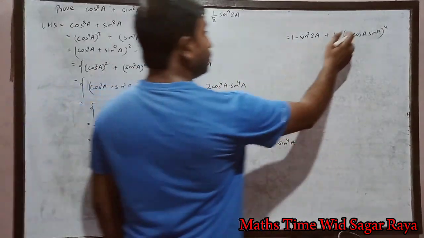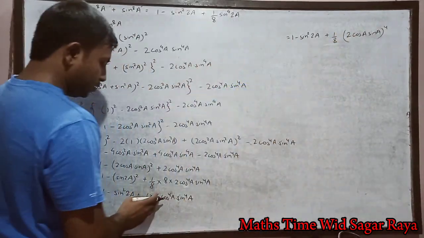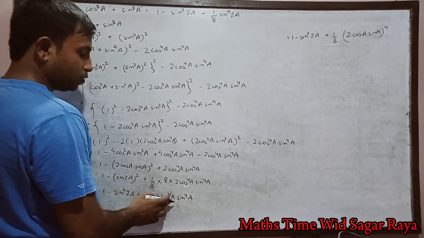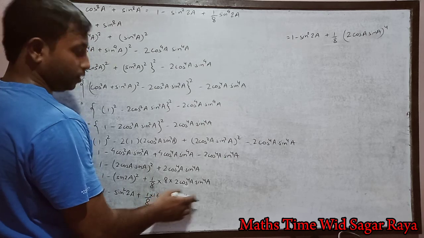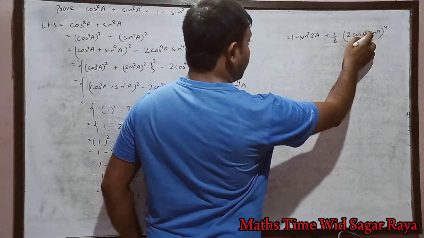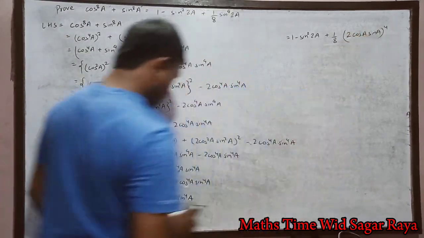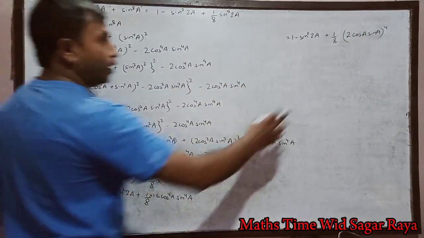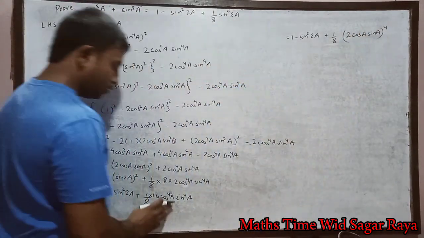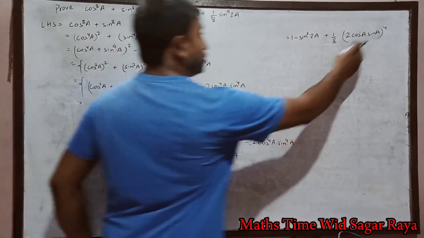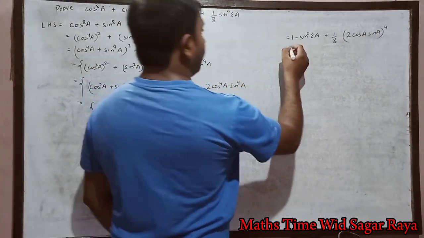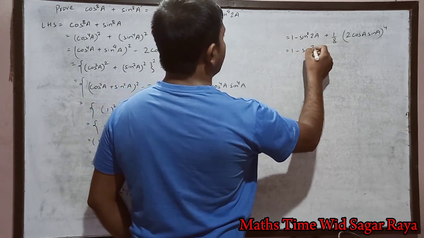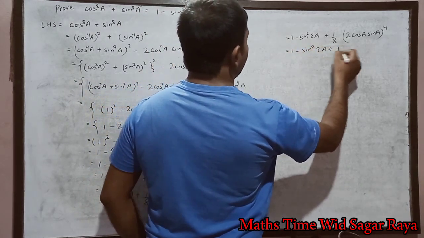Now see here, 2 power 4 is 16, and cos a power 4 is cos power 4a, sin a power 4 is sin power 4a. Now 1 minus sin square 2a plus 1 by 8.